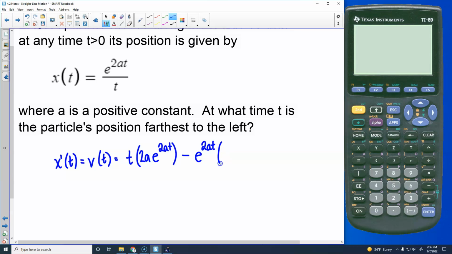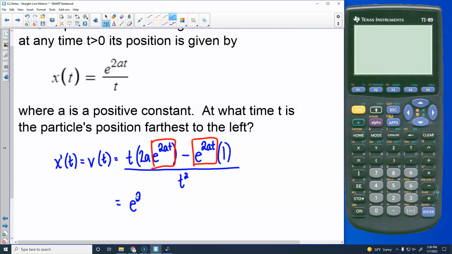right? Yeah. All right. So I would probably factor out that e to the 2at. And I would also, no, you can't do that. Never mind.